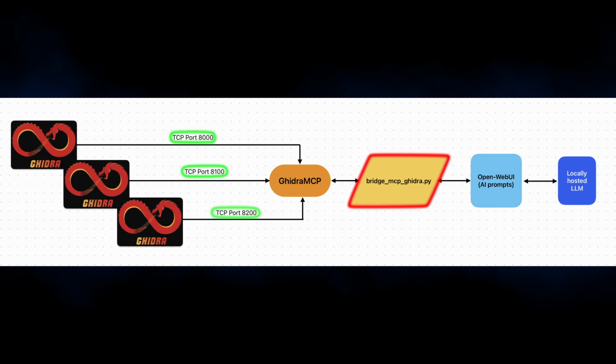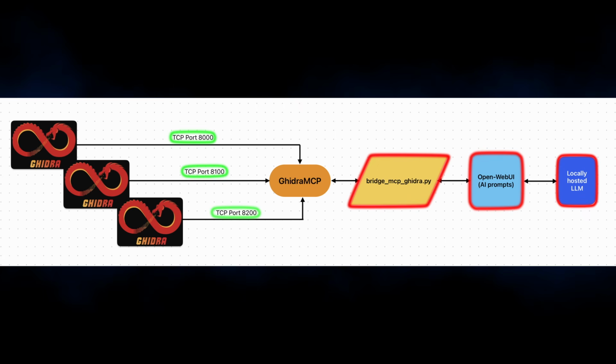So basically it takes the AI prompts coming from the external interface. In our case, we will be using Open WebUI, which is a ChatGPT-like interface, which will allow us to enter AI prompts or our queries related to reverse engineering and forward them to the locally hosted LLM model. It then takes the model's response and delivers it back to Ghidra or Open WebUI.